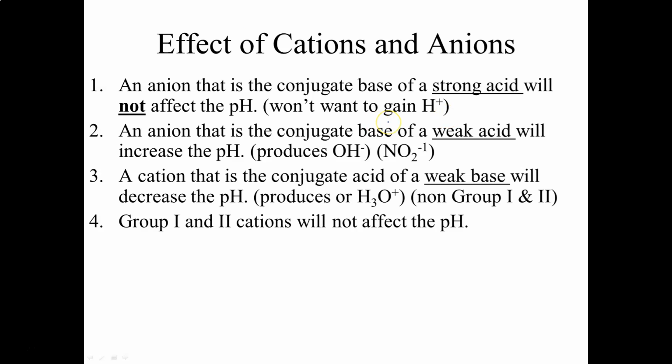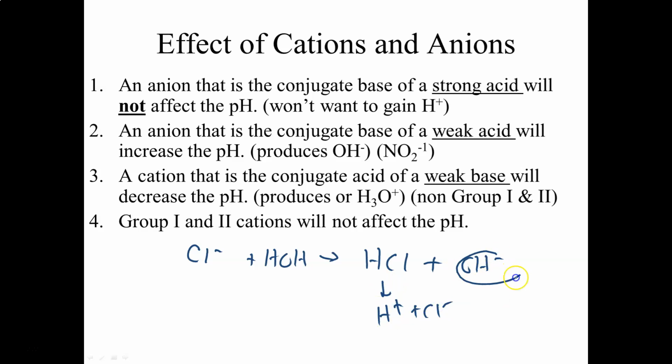It's not going to want to gain any hydrogens. If you go back to Cl-, you're going to make HCl plus OH-. Well, remember, HCl is a strong acid, so it looks like the Cl- will attach to this hydrogen and make HCl, but immediately it's going to dissociate into H+ and Cl-, and you still have OH- and H+ to make water.